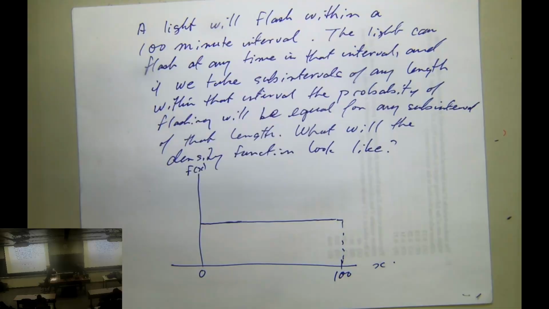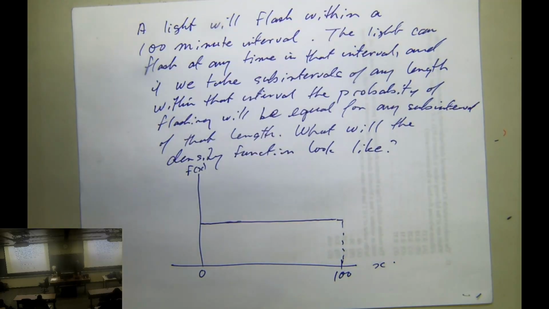No matter what interval I take, for instance an interval of 10 minutes anywhere in that interval, the probabilities will be equal. If I take a 1-minute interval, all the probabilities will be equal. If I take 1 second, it doesn't matter where I take that 1 second interval, all the probabilities will be equal.